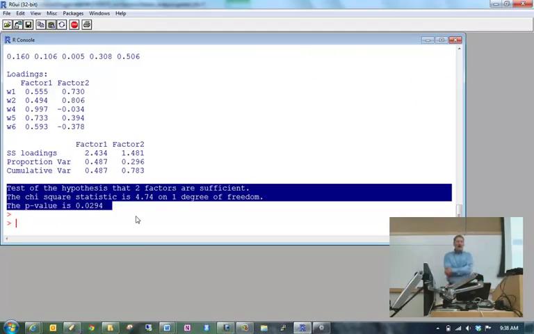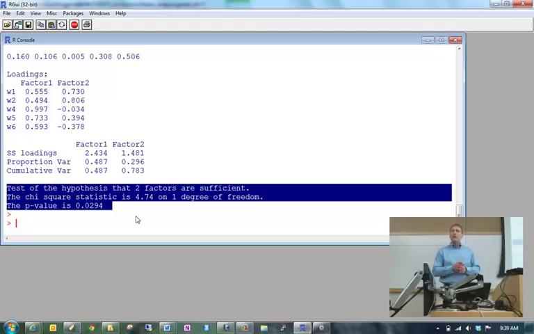It's the test of the hypothesis that 2 factors are sufficient, the hypothesis test that we talked about. The chi-square statistic using the Bartlett correction, our A, is 4.74. There's 1 degree of freedom. If you do the chi-square approximation with this and calculate a p-value, just like you would normally for a right-tailed test, you get 0.0294.